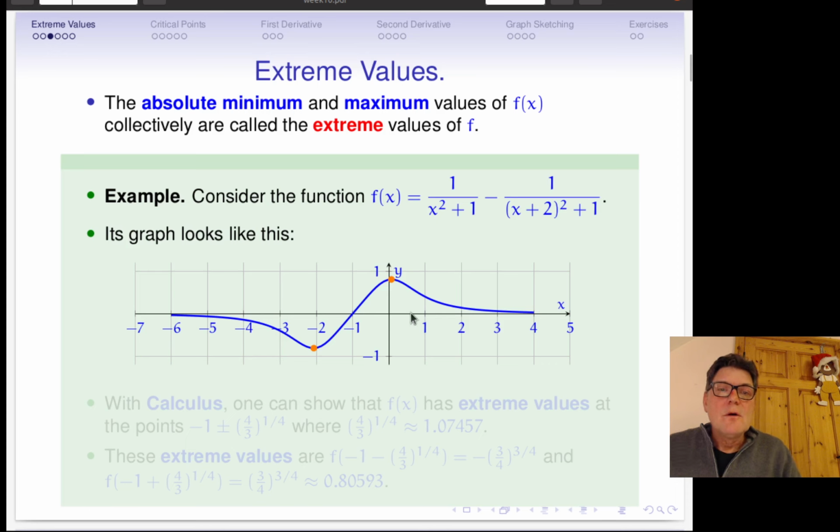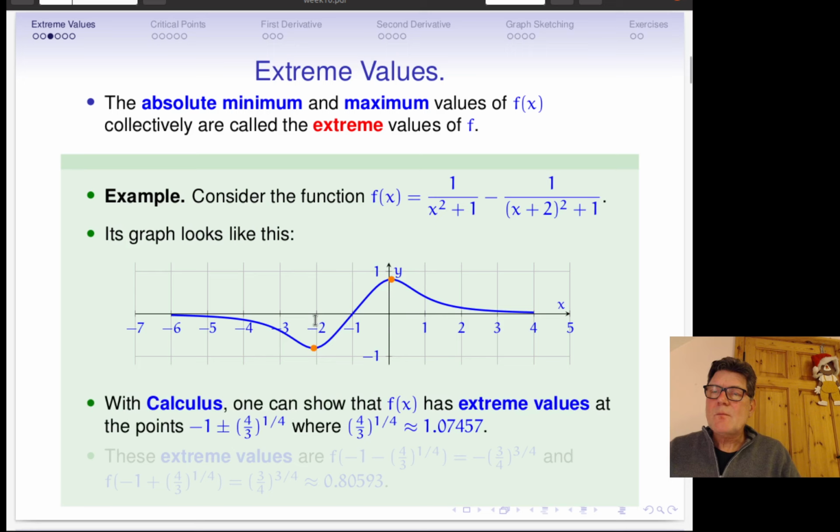The maximum value seems to lie above 0 on the x-axis. The minimum value seems to be the value at -2, but that's just a rough estimate.